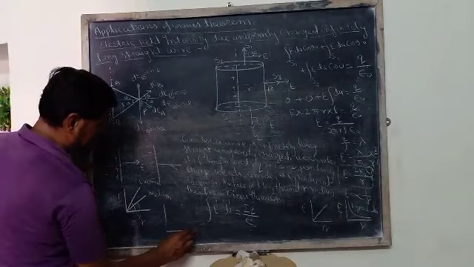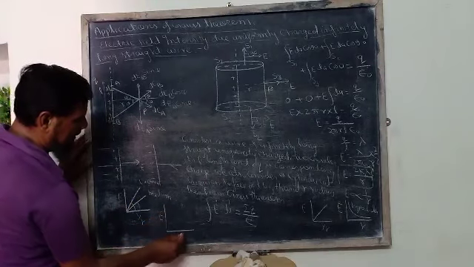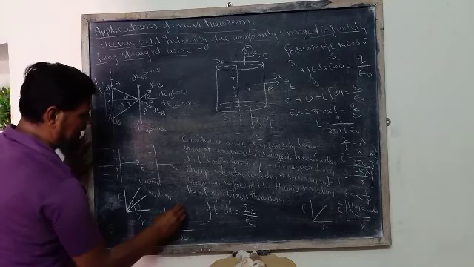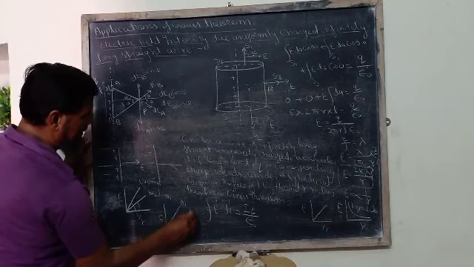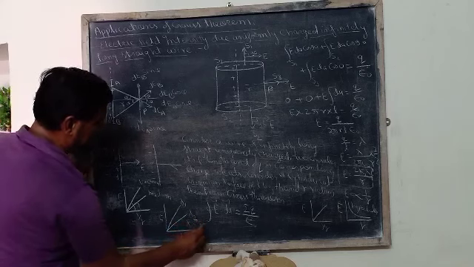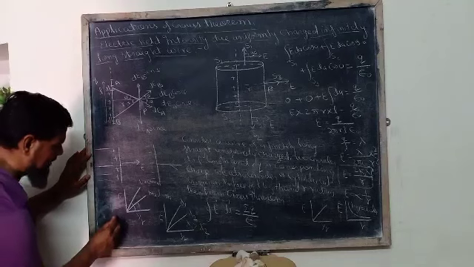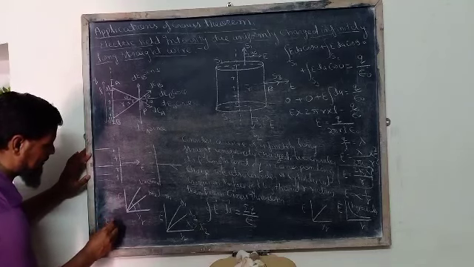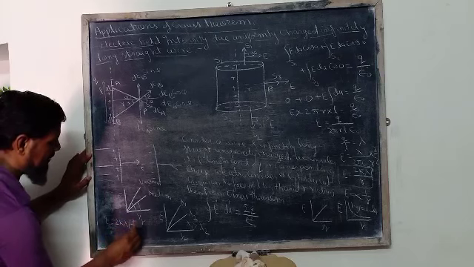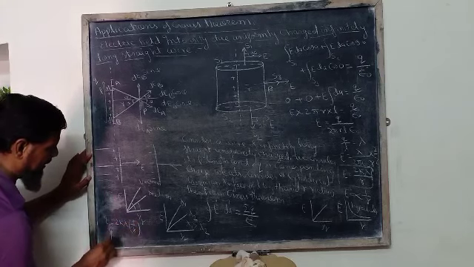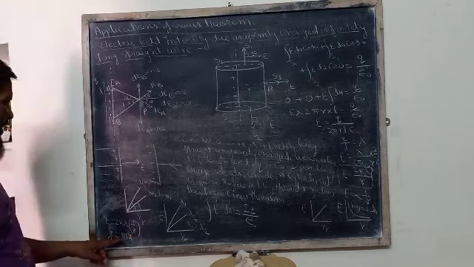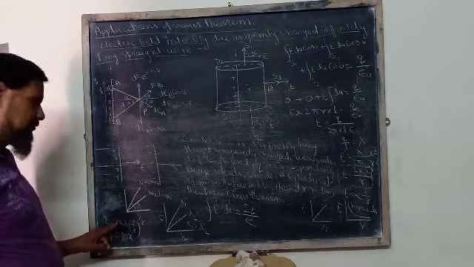In the second case, if we draw E and 1 upon R, two curves will be there. This is lambda 1, this is lambda 2, and lambda 1 is greater than lambda 2. E is equal to 2K lambda into 1 upon R, which is y is equal to mx, where the slope m is equal to 2K lambda, and 2 is constant.